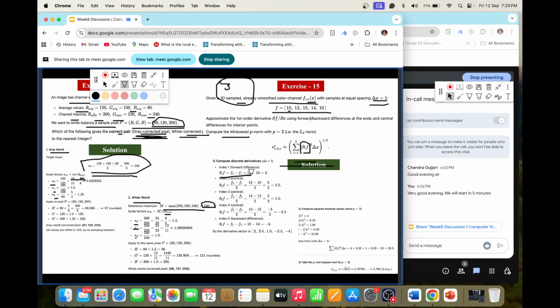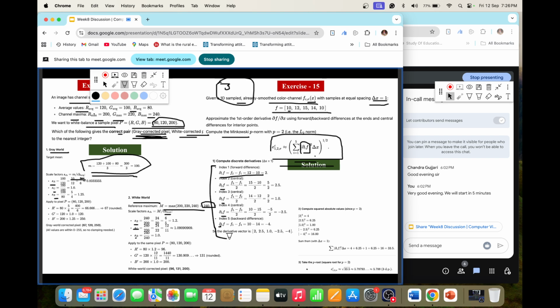D1f can be calculated by this, D2f by this, D3f by this, D4f by this, D5f by this. Once you calculate these, it is very simple. Delta x is already given, so by that you can calculate the Minkowski or edge based color constancy value. Again, this question is very rare and doesn't come, but you should know how we calculate it.